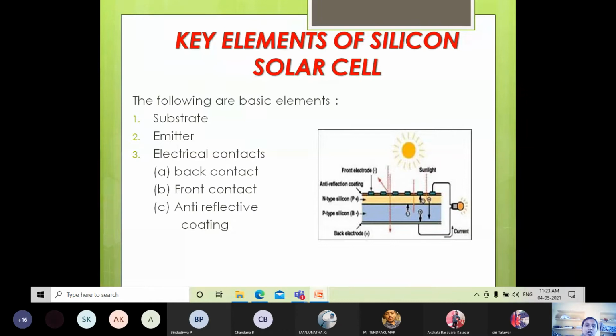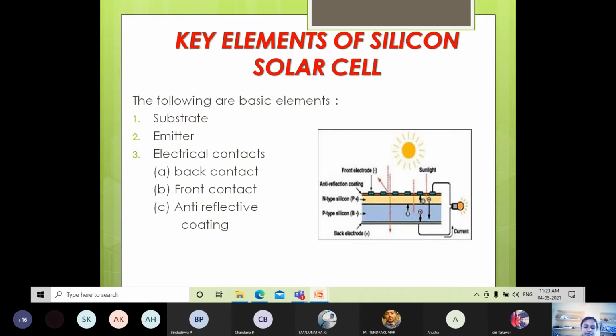Next, when you come to the emitter, emitter formation involves doping of silicon with pentavalent impurities. We have already known about semiconductors; I think you have read about them.